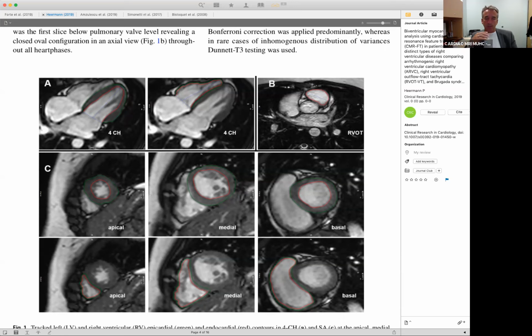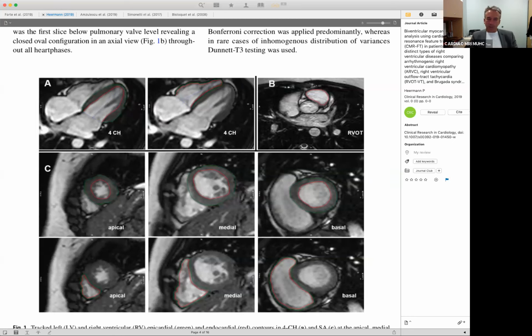Because we're dealing with various levels of experience and understanding of what not to include in the contours. I think what we will have to do is wait for machine learning based contouring that is good enough to deal with all these intricacies and problems of the right ventricle. I don't see that right now.